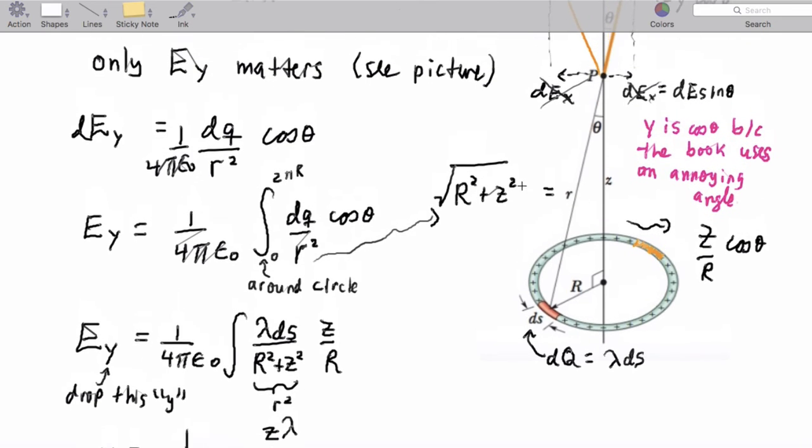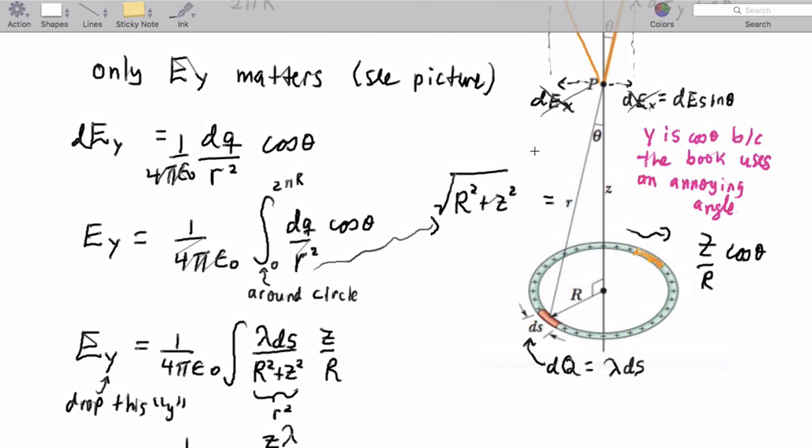And let me make absolutely sure that I got the cosine right. I said z over r is cosine theta. Careful. I need adjacent over hypotenuse.